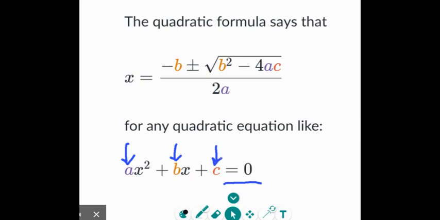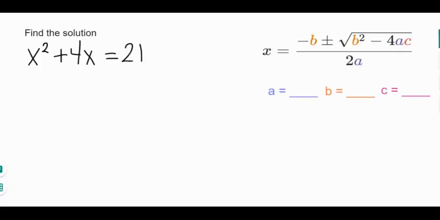Now, if you look at the quadratic formula over here, you'll see that we have a bunch of a's, b's, and c's in it. And the numbers that we put in there come from the quadratic equation. So here I have a quadratic equation, and notice that I have this equals 21 thing over here. We cannot have it equal to anything but 0.